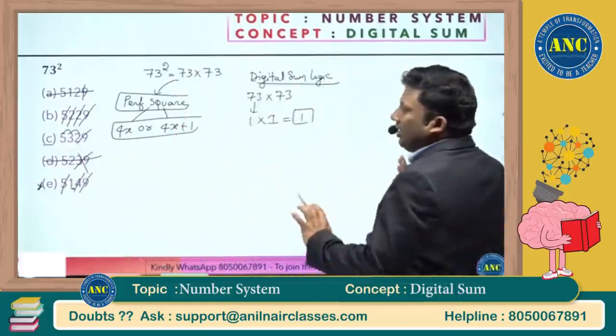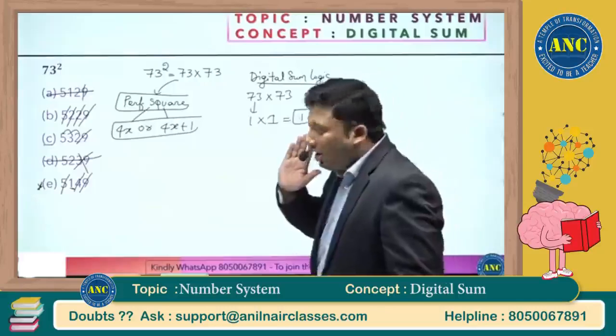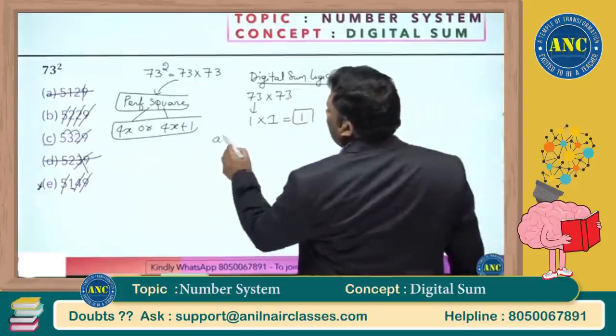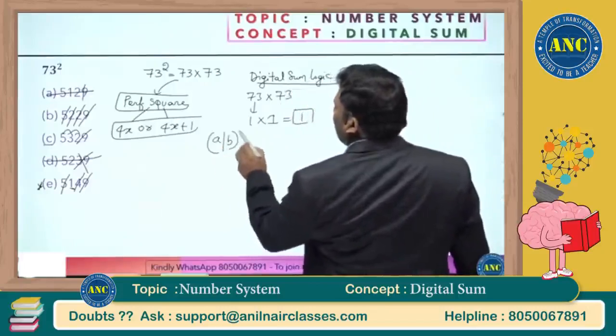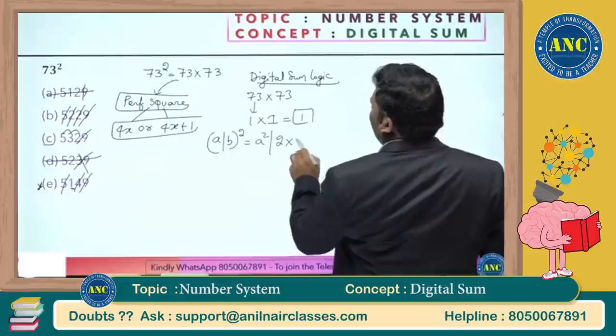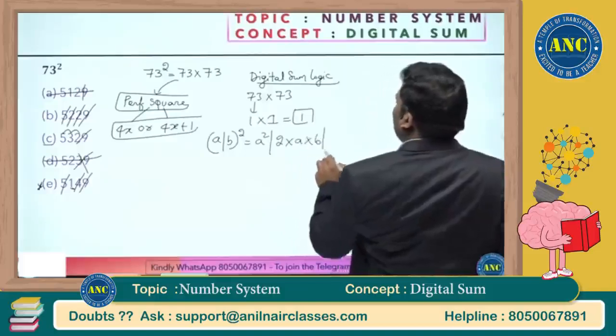I hope it is clear. The digital sum helps us eliminate A, B and D. Now what is the logic? You can use the tens digit logic. (A plus B) whole square is A square plus 2AB plus B square. You don't need to write it, just for reference I am writing everything in detail.